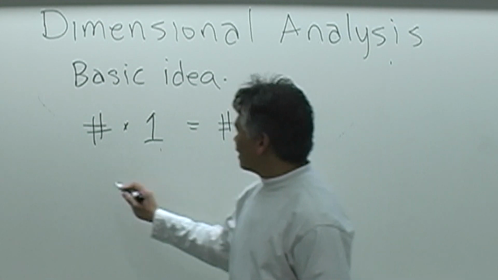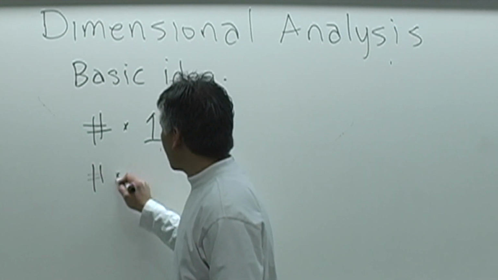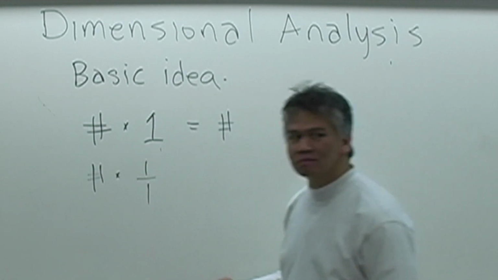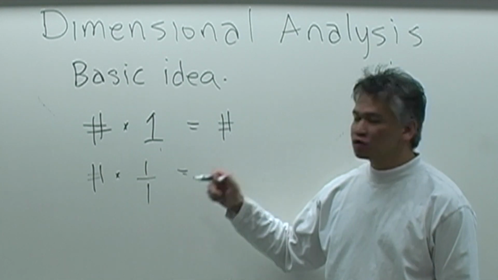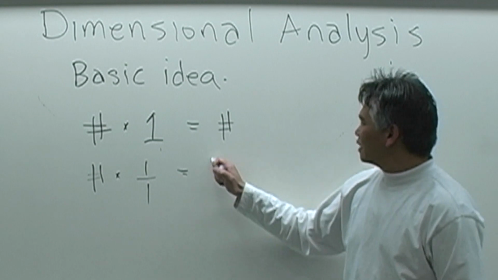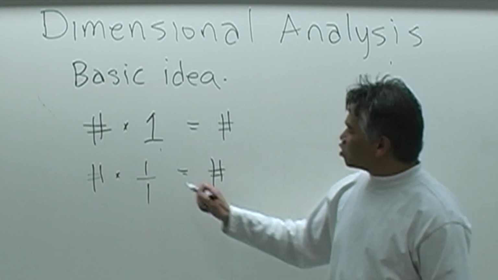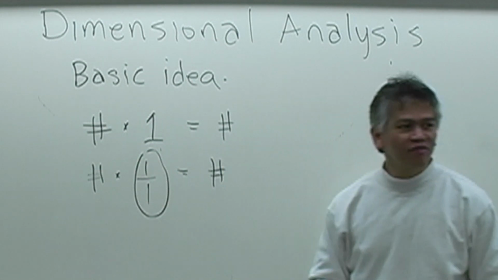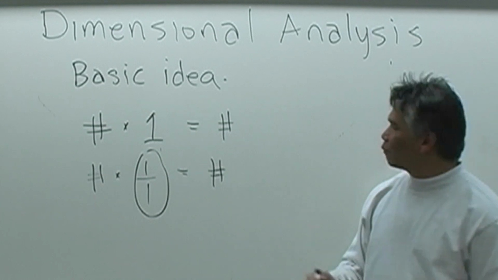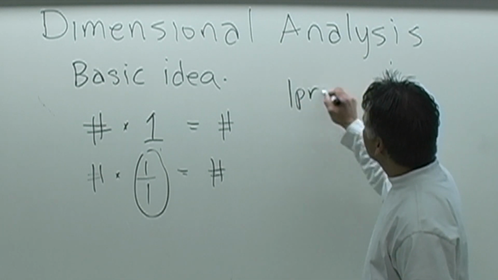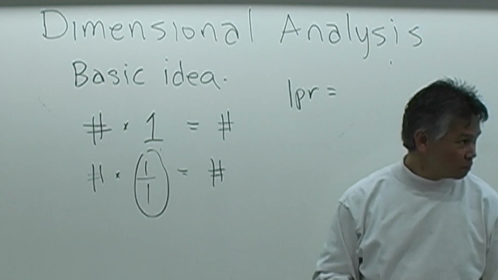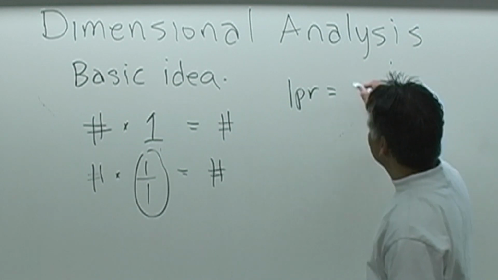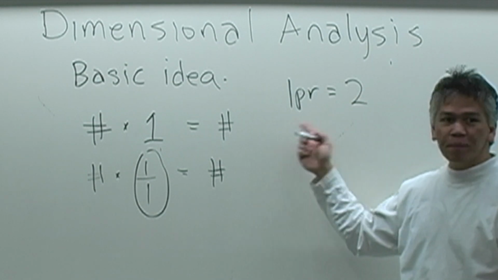If you take that number and you multiply by 1 over 1, isn't that the same as 1? So that's that number. Well, it just so happens that 1 over 1 can be defined in many ways. For example, 1 pair is equal to how many? 2. So you can say 1 pair is equal to 2.